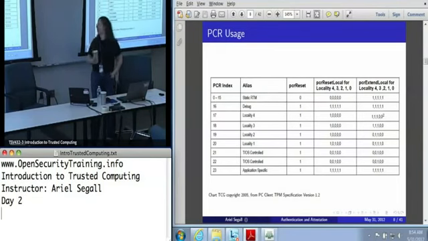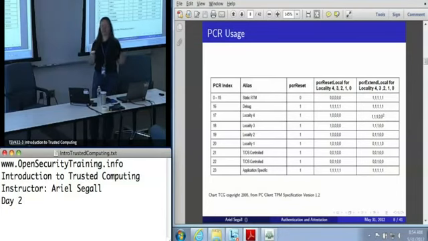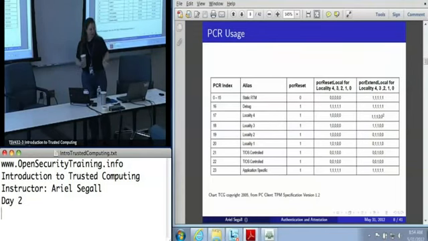So the DRTM just goes through and wipes those so that we can then reconstruct things as part of our trusted operating system boot or part of our Flicker application execution. Actually, I'm not sure if 20 counts there, I'll have to look that up. Certainly 17 through 19 have this property. Locality 4 automatically clears them, period.